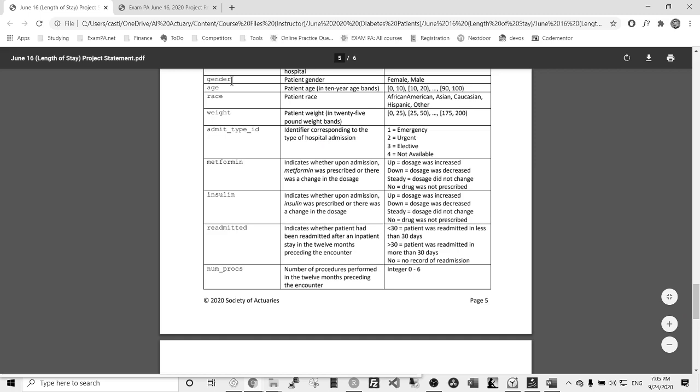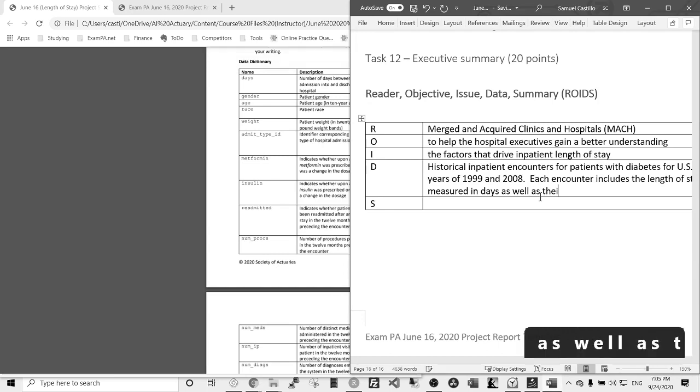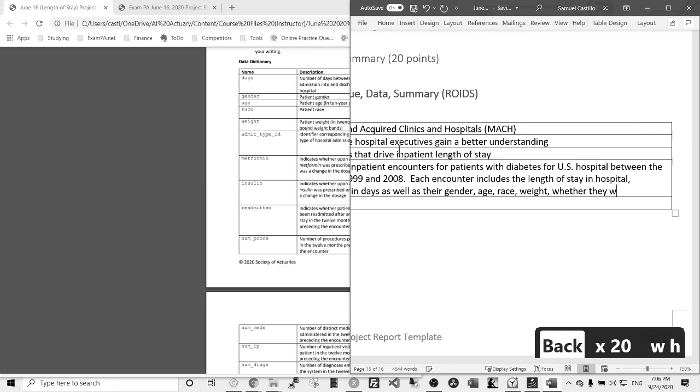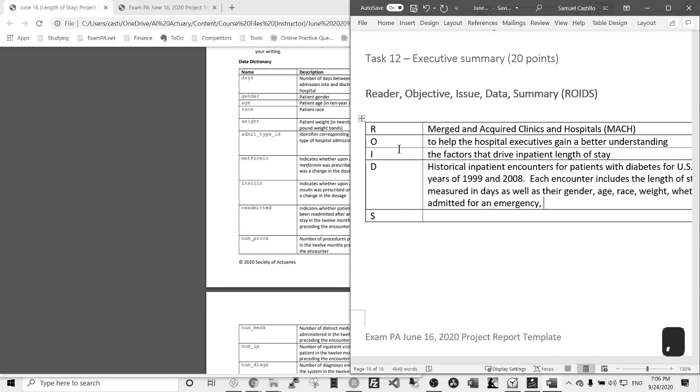So I would say this is their admission type, age, gender, to summarize, I would say, as well as their gender, age, race, weight. They were admitted for an emergency, elective, or non-elective reason.